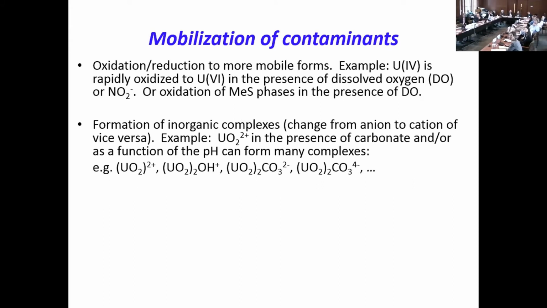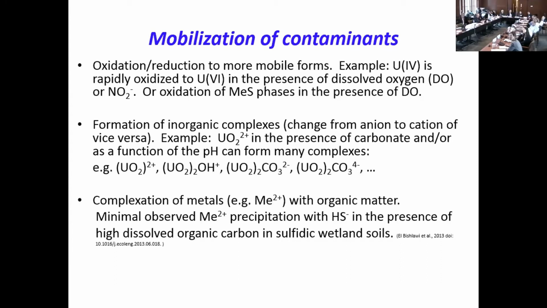Formation, I alluded to that, formation of different complexes. We can go from something that sorbs very strongly under lower pHs in the absence of carbonates to something that is negatively charged that will actually not sorb at all, a uranyl carbonate complex. And then when we talk about complexation of metals, I mentioned that metals can precipitate with sulfide, but we've done some work in wetlands, highly acidic wetlands, where we have a lot of organic carbon, and the complexation with the organic carbon would override.